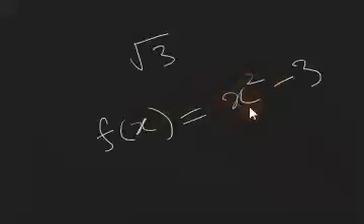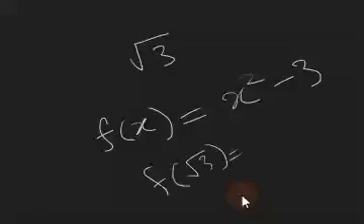If you substitute the value square root of 3 into f, what happens? The function hits 0, right? You square the square root of 3, you get 3 minus 3. So the function hits 0.